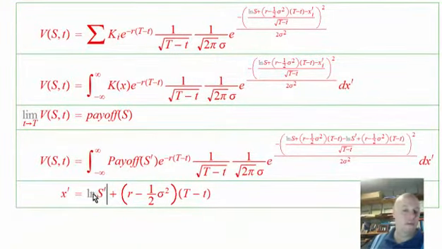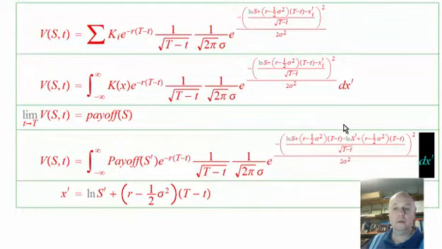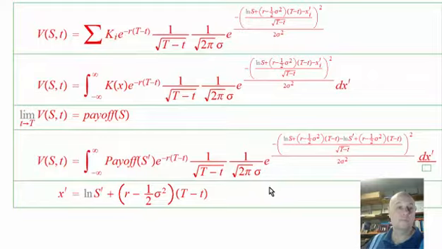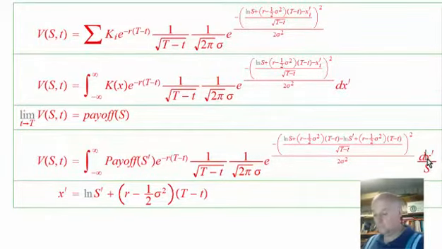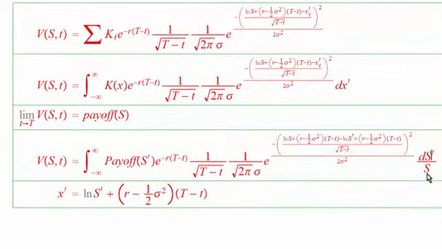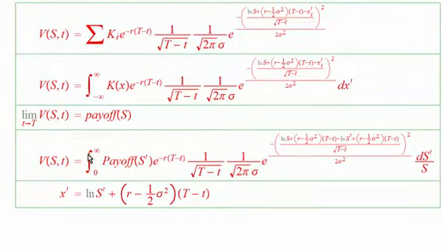But the nice thing is that, look, dx prime is just going to be 1 over s prime ds prime. So I'm swapping this piece out here. Now, what do you got? Oh, I'm integrating over the stock price s. The stock price can never be negative, so I don't need to go to negative infinity. I can start at 0.